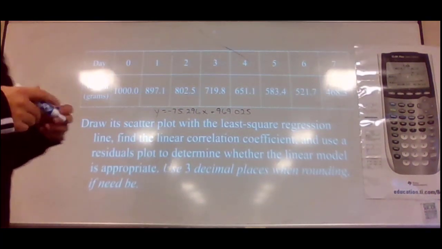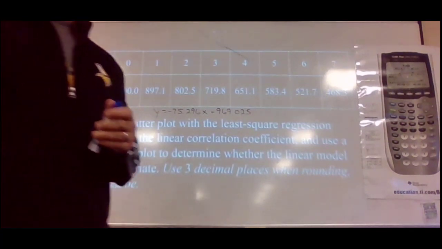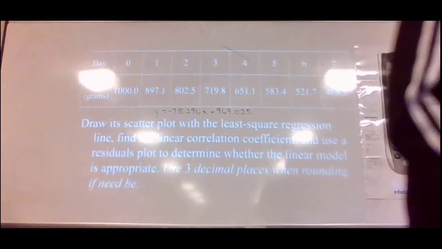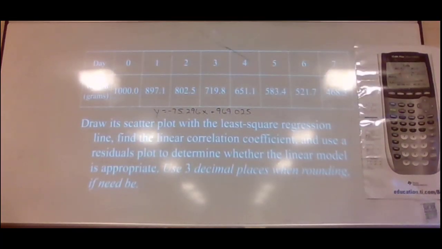Okay? And if you look at your correlation coefficient back earlier, the correlation coefficient was really high. Let's see if I can find it here. Second quit. Go back up. The correlation coefficient, notice the R value, negative 0.994. That's really close to -1, right?